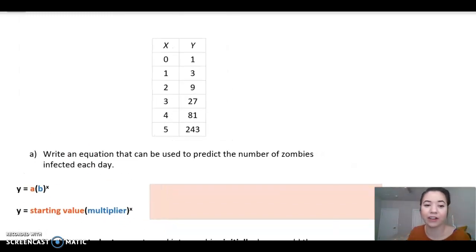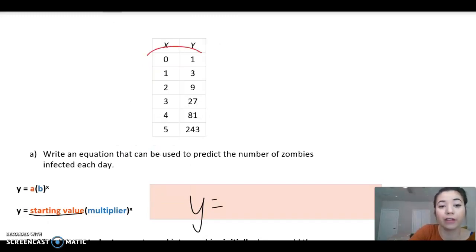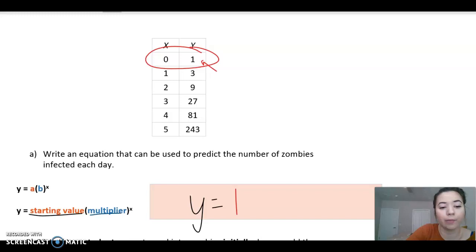So again, we need to find our starting value. So how many started as being infected? And then we need to find our multiplier. So starting value, again, is how many we start with. In this case, we only started with Victor. So 1. And then figure out your multiplier.